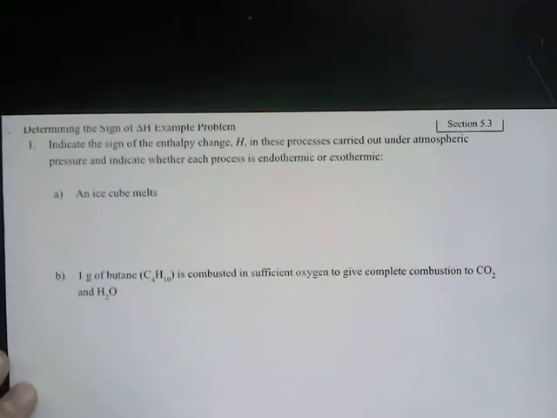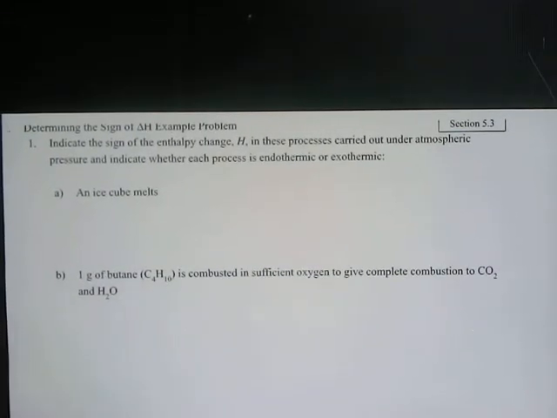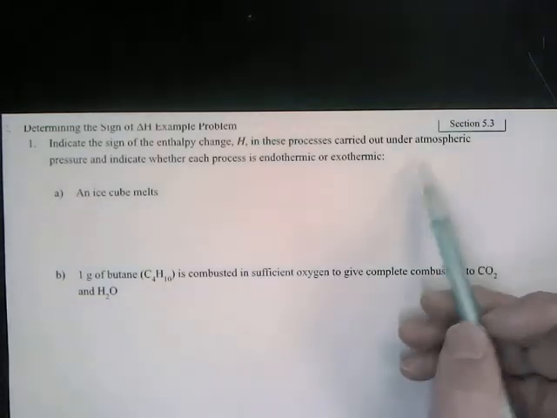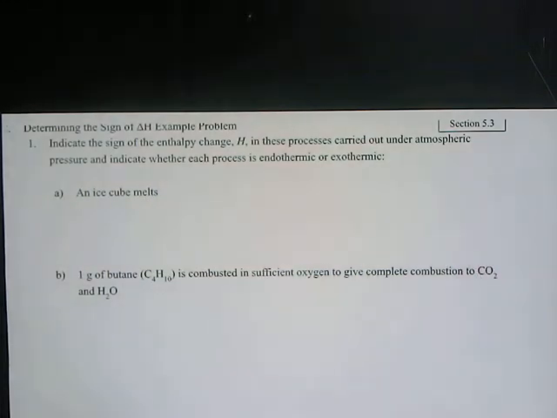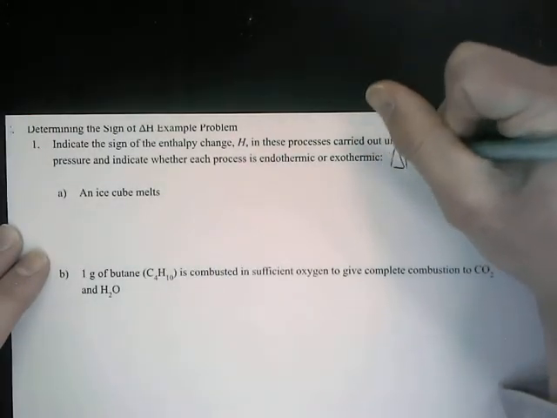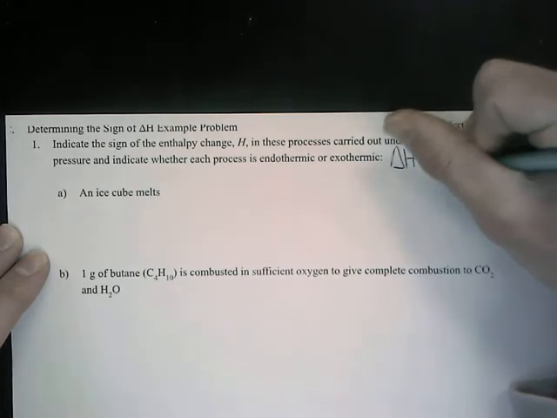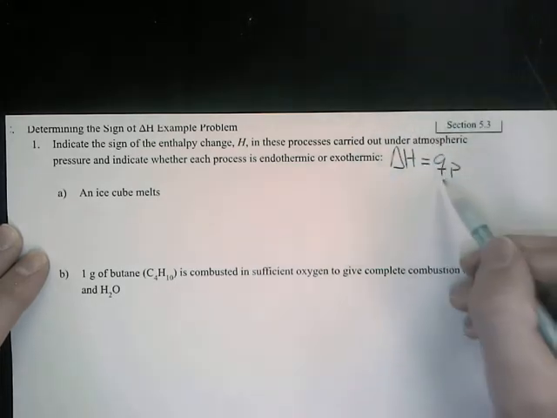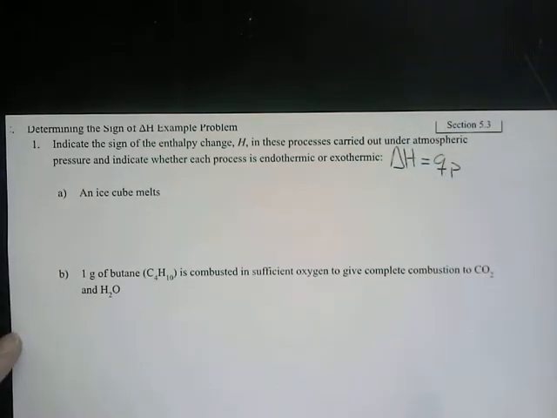Okay, so some simple examples here. We want to know what is the sign of delta H in these particular steps when they're carried out under standard atmospheric pressure, meaning the pressure is constant. And so what that means for us, I'm just going to outline this, is that delta H equals our heat gained or lost if we're at constant pressure. That's a key takeaway here.